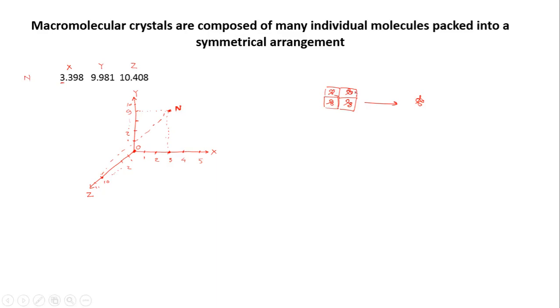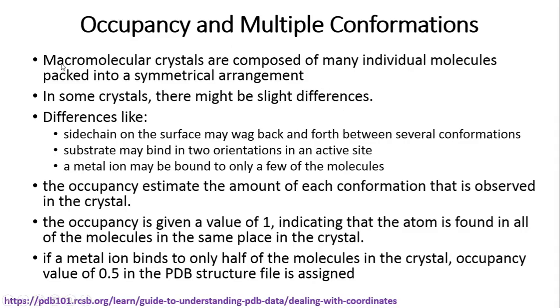Okay, so now here comes some more interesting fact. As I have said, macromolecular crystals are composed of many individual molecules that are packed into a symmetrical arrangement. Now, in some crystals, there might be slight differences, like a side chain on the surface.